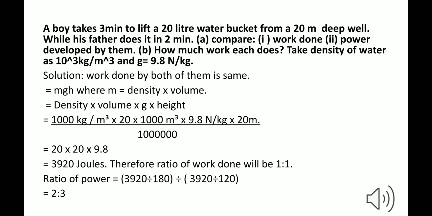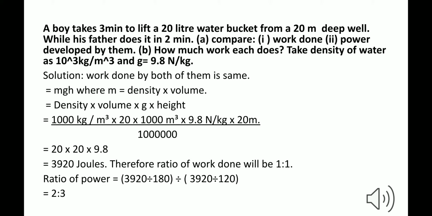You have studied this. So mass will be density into volume. So density into volume into acceleration due to gravity into height. This will give me the work done.